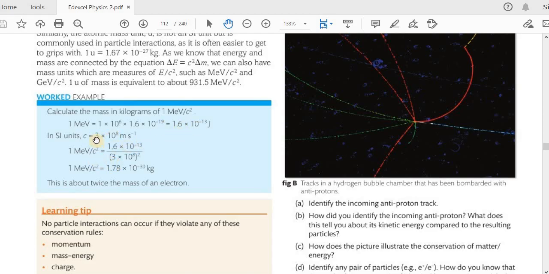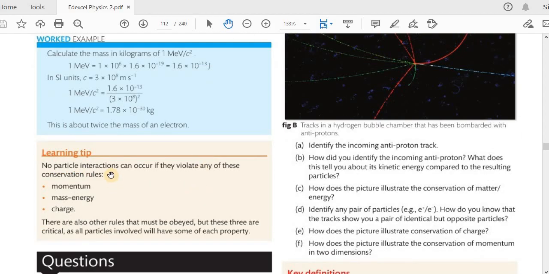Then the denominator is the speed of light in vacuum squared. Already this is in SI units, so everything here is in SI units, which will give the final answer in SI units. Therefore 1 mega electron volt divided by c squared is equal to 1.78 into 10 to the power minus 30 kilograms. This is about twice the mass of an electron.